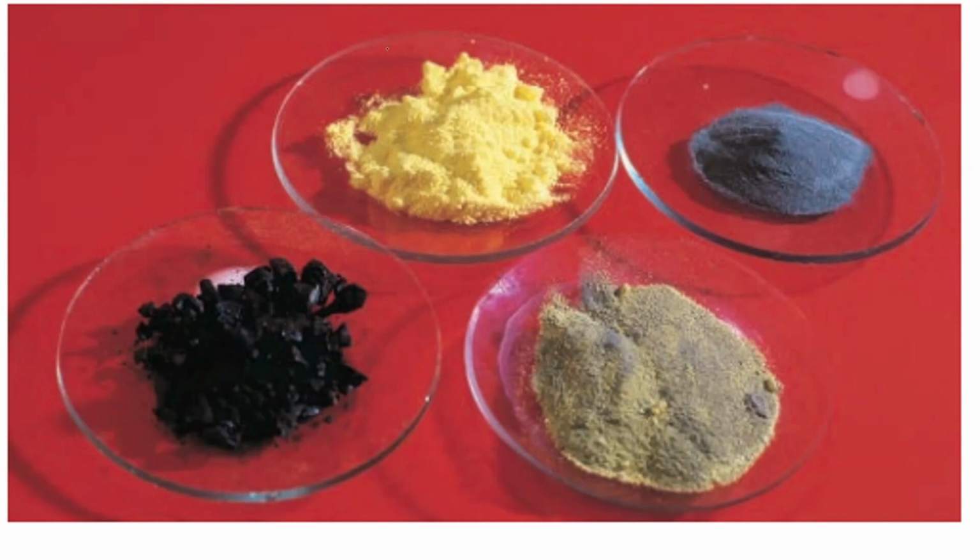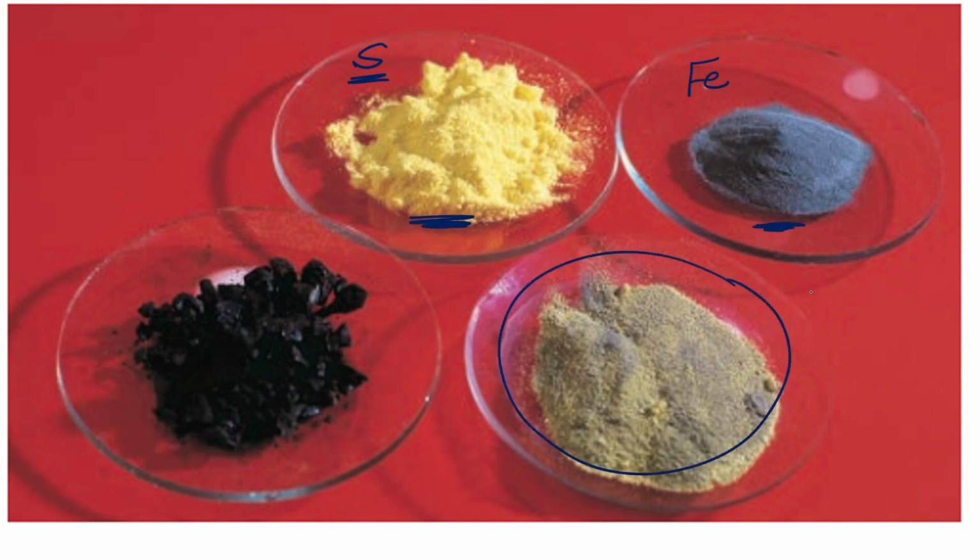Here we have sulfur, which is the yellow powder, and here we have powdered iron, which is dark gray in color, and here we have a mixture of the two elements, iron and sulfur, and here we have a black solid of iron sulfide compound.